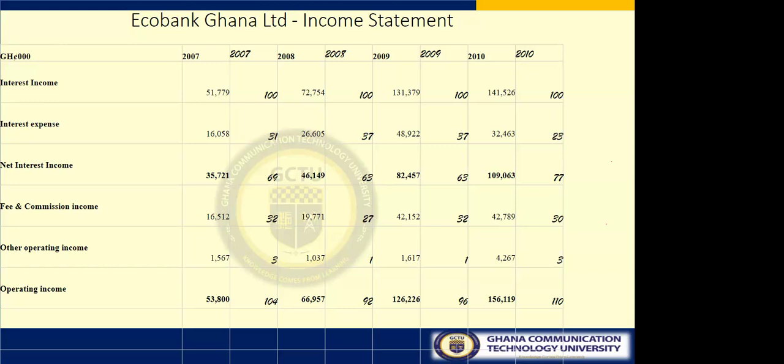And we are comparing interest expense to interest income. We are comparing net interest income to interest income. We are comparing fee and commission income to interest income. So any other item we pick within the financial statement, we compare to the interest income because the interest income is the base year. We want to find out whether it is increasing or decreasing. And that is what we mean by the vertical analysis or common size analysis.